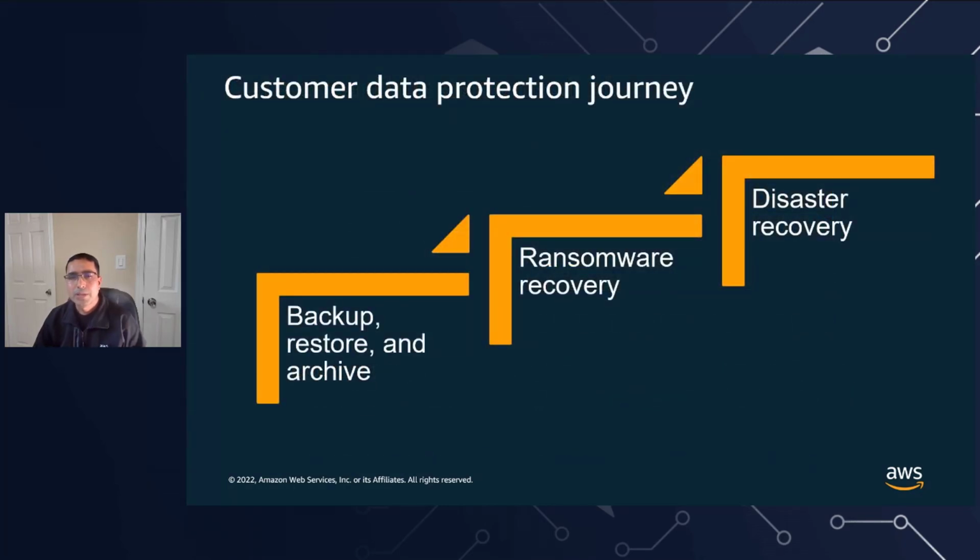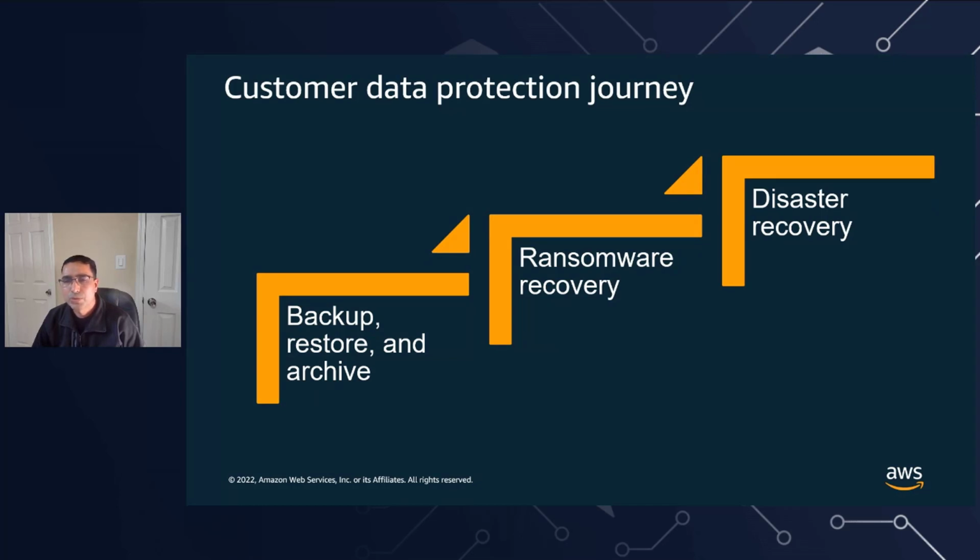When we talk about the data protection journey for our small, medium business customers, we typically look into three different buckets, right? So initially, it's not a one-size-fits-all. Initially, customers are looking at bringing some of their secondary workloads onto the cloud. So they're looking at backup, restore, and archive as one of the use cases.